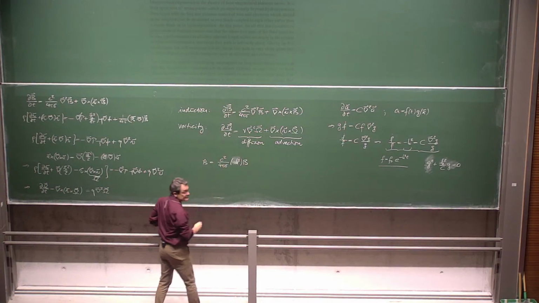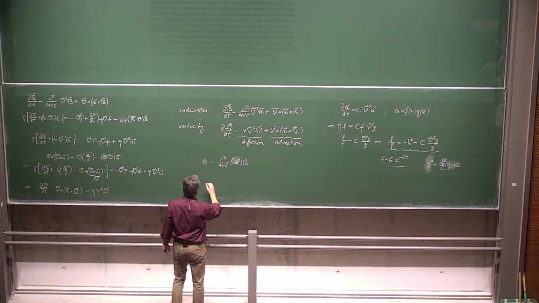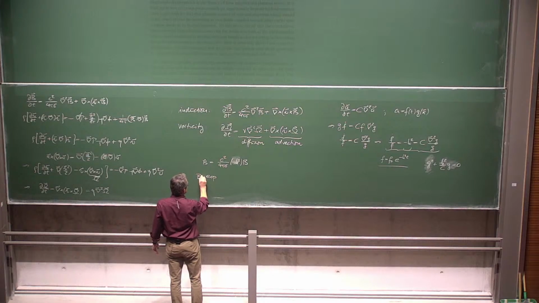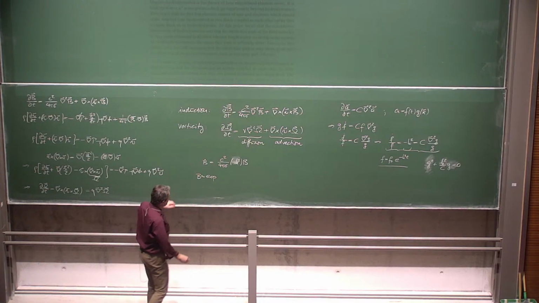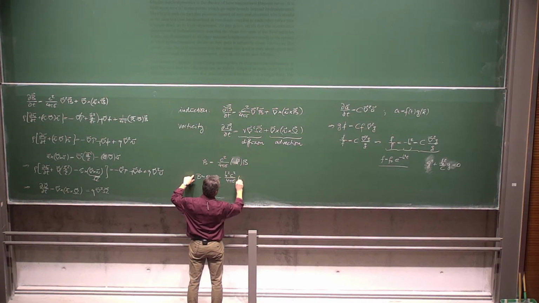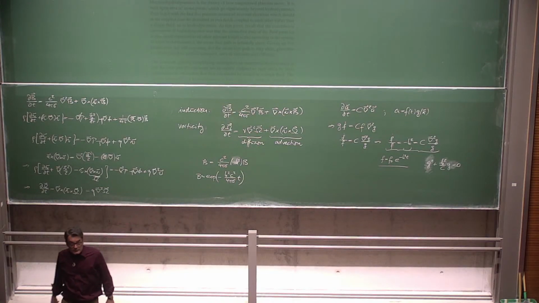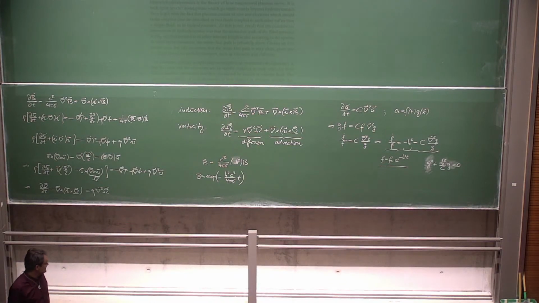Now you see I'm getting exponential behavior because B dot is proportional to B, and this means that B is going to be proportional to e to the minus k squared c squared divided by 4 pi sigma times t. So this allows you to extract a diffusion timescale.